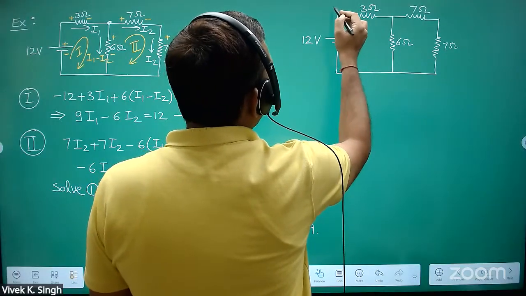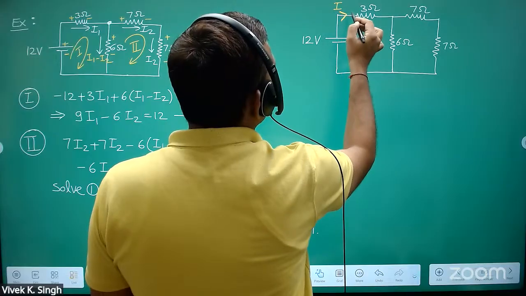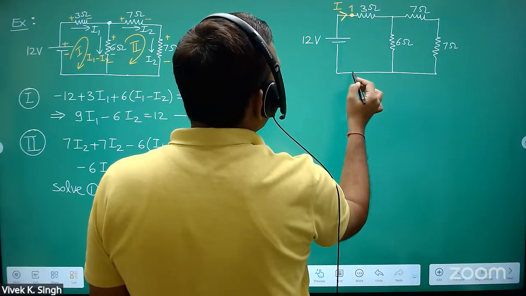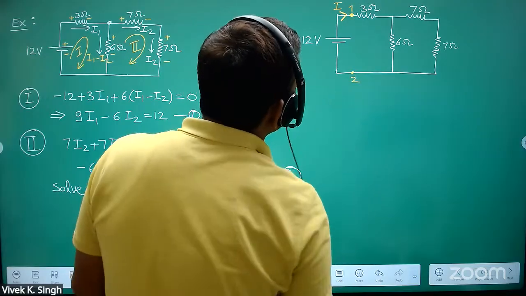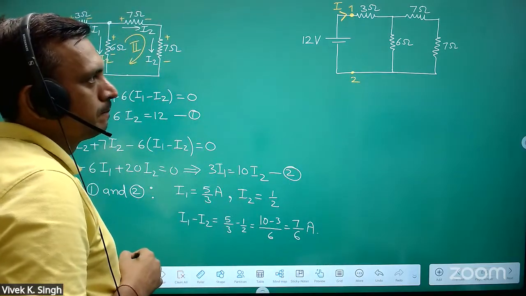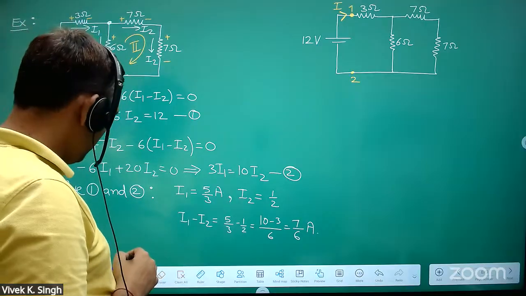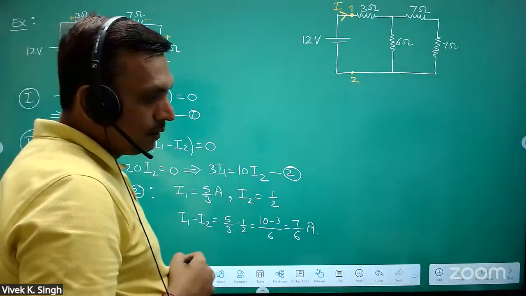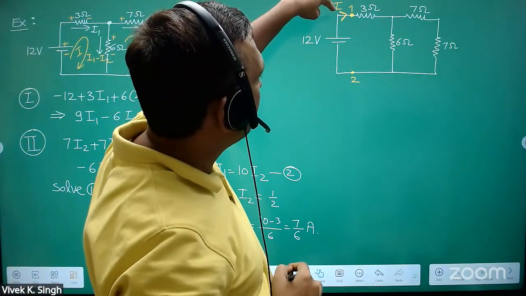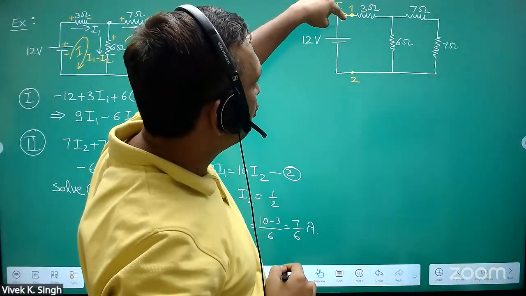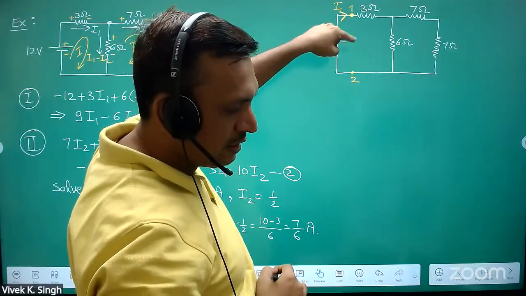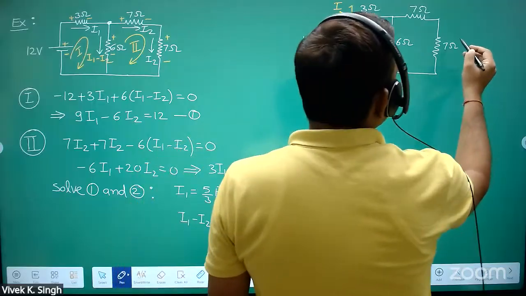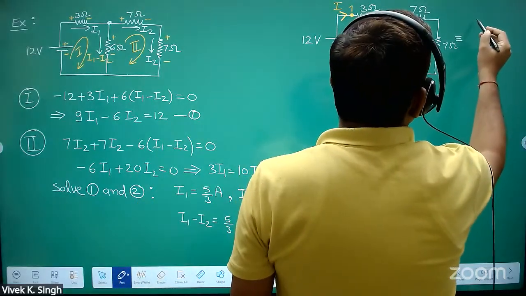Okay? So let us first find what this current will be. Directly, if you have to find current I, consider this point to be 1 and this point to be 2. If you want to find current I, you must know the equivalent resistance between 1 and 2.